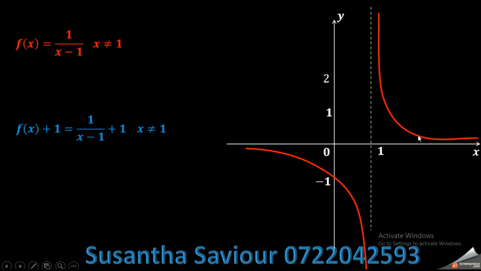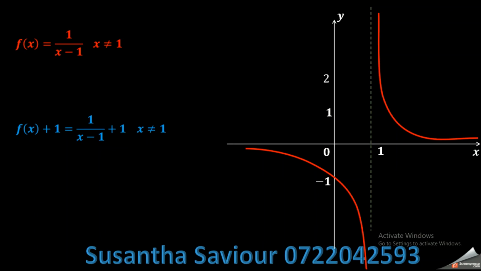So now this is also an asymptote, right? The x-axis is also an asymptote. Here it goes to infinity from here, it goes to infinity from. Now when you are shifting this whole curve up by 1 point, this asymptote also will be up by 1 point.